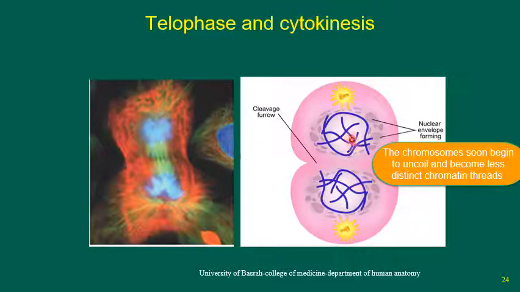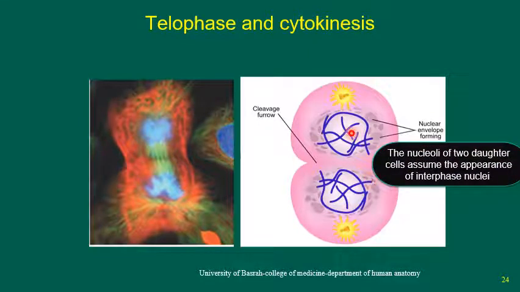The chromosomes soon begin to uncoil and become less distinct chromatin threads, organized into heterochromatin and euchromatin of the interphase cell. الكروموسومات تبدأ بالانفتاح أو الديكوندنسيشن وتصبح خيوط كروماتينية أقل وضوح، ومن ثم تنتظم إلى الهيتروكروماتين والإيوكروماتين في الانترفيس سيل.